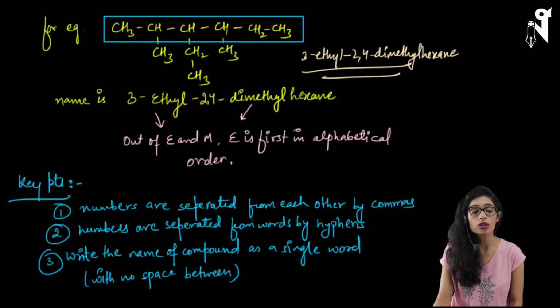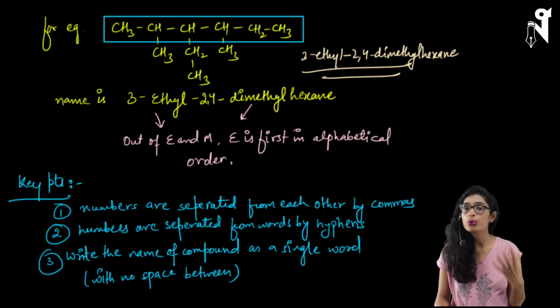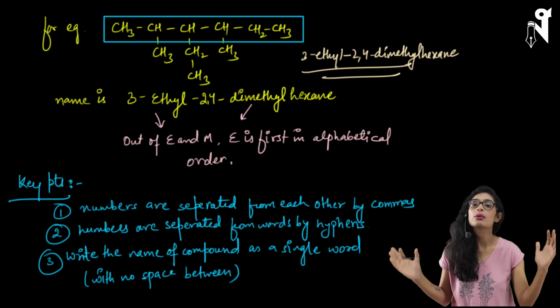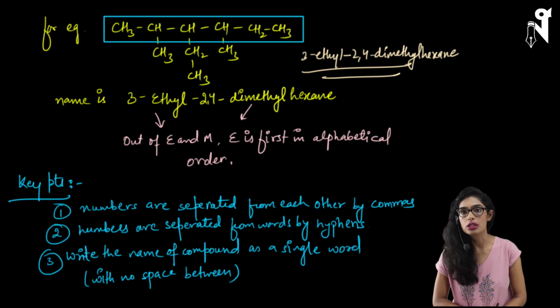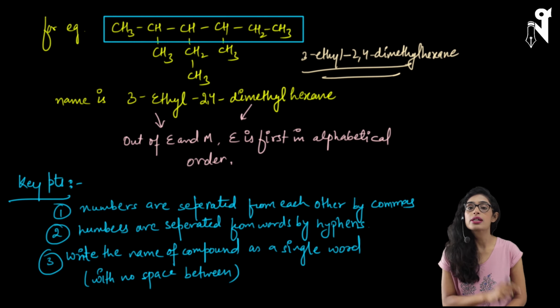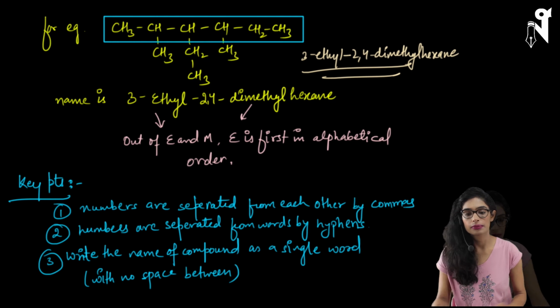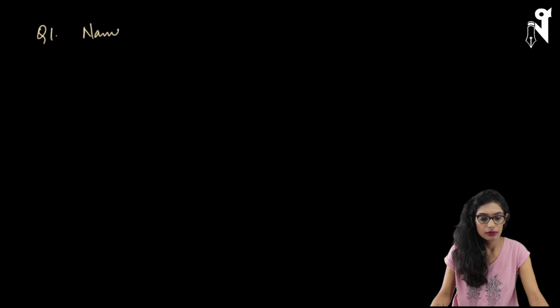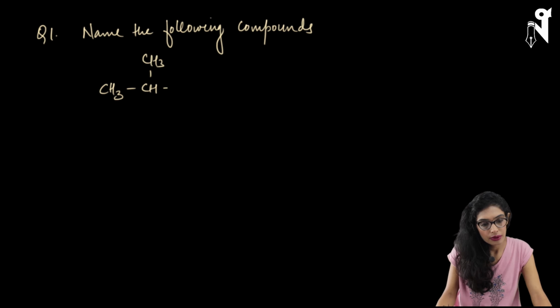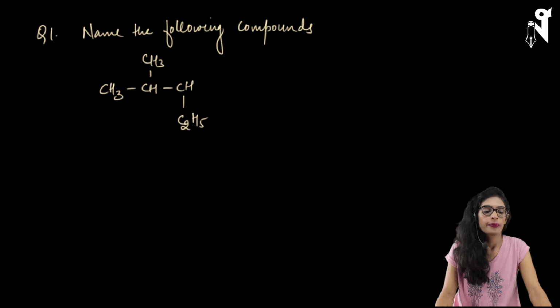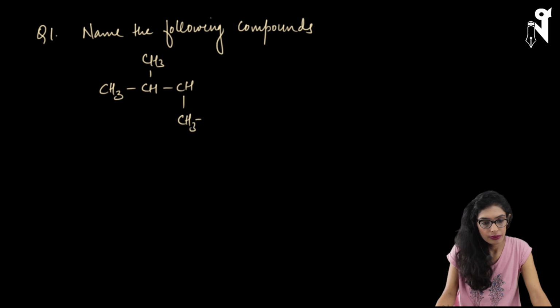I hope you have understood the rules. If you have not, go through the video again, try to grasp the information given, try to write them at one place, and then try to make the link between these rules. Okay, and now try solving these 4 questions. Try out these questions. This is question number 1.